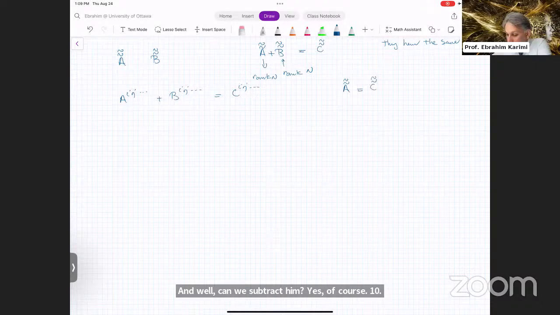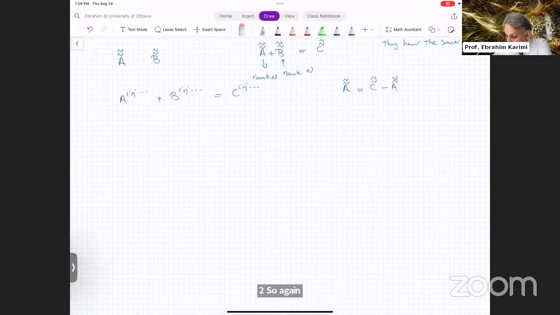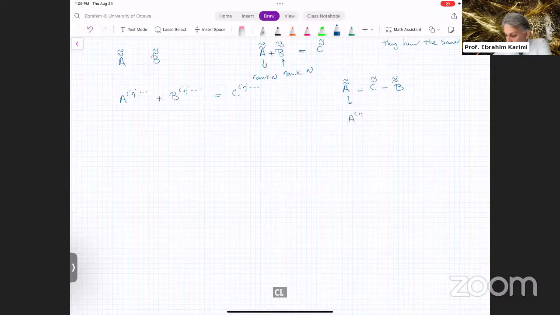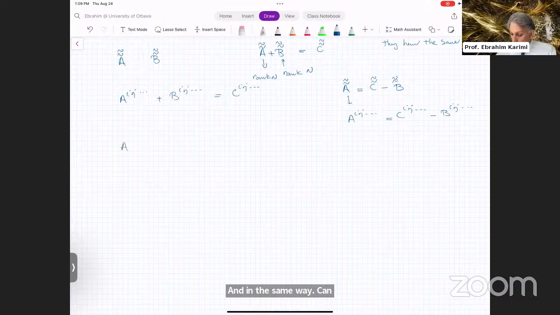Tensor A is equal to tensor C minus tensor B. Then in the same way, Aij will be Cij minus Bij. And in the same way I can do it for Aijk plus Bijk minus Cijk. Yes, I can do that.